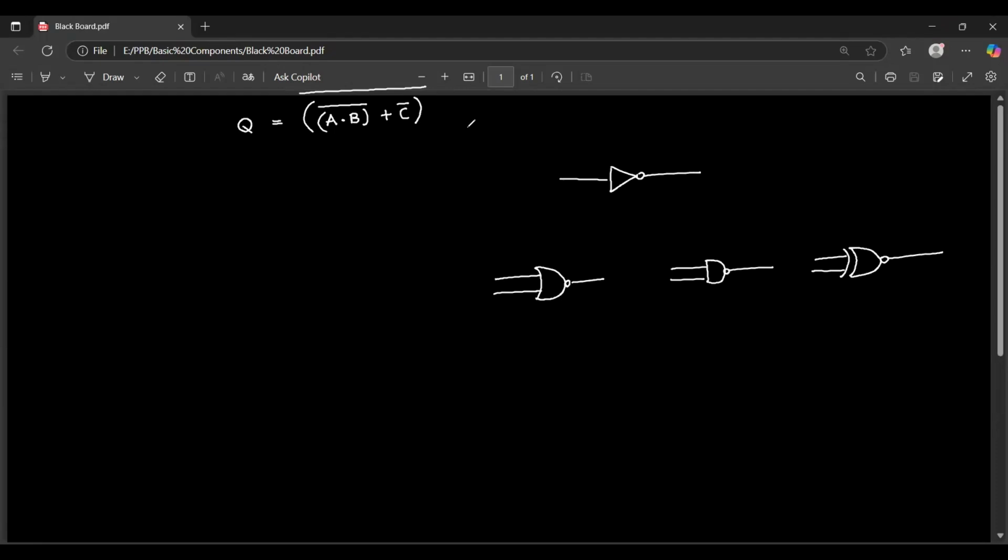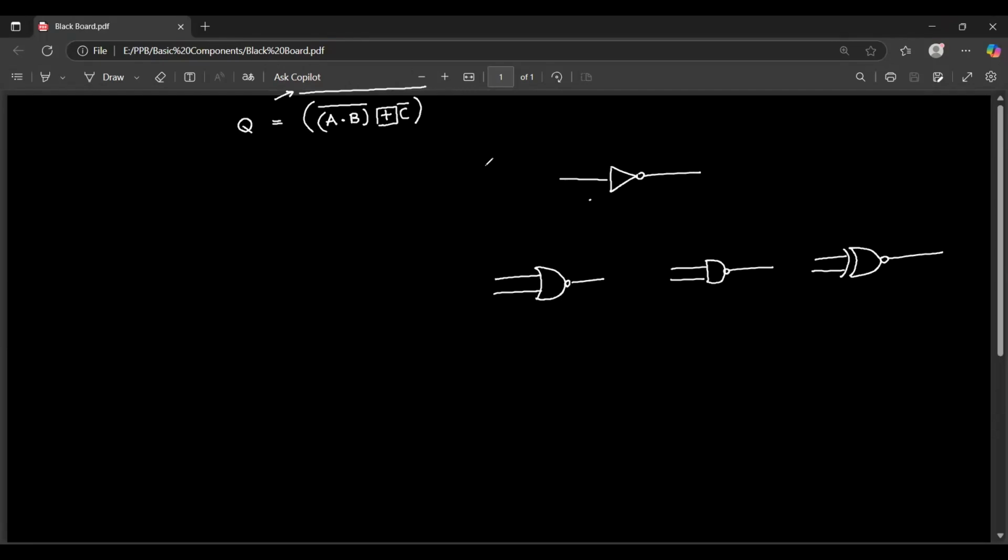Either of four gates is possible for this given output. But what you have to look for is what symbol we have inside the parentheses, over which we have the bar. Which means these four are the options.